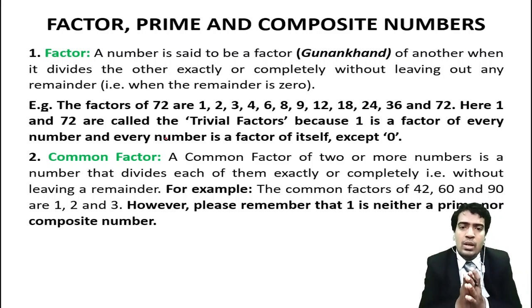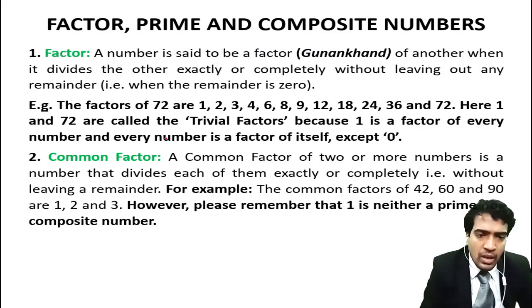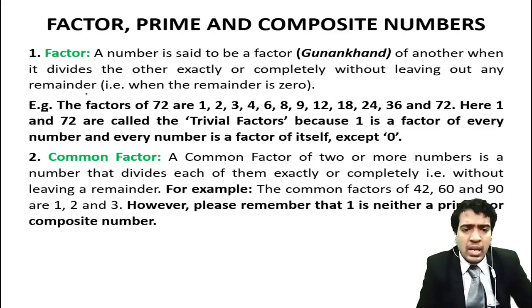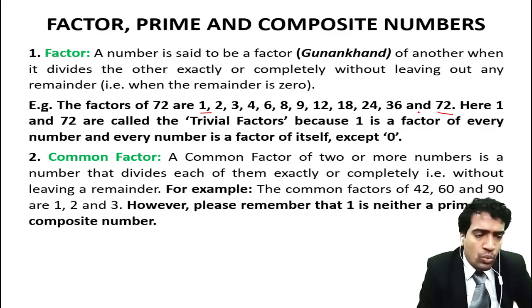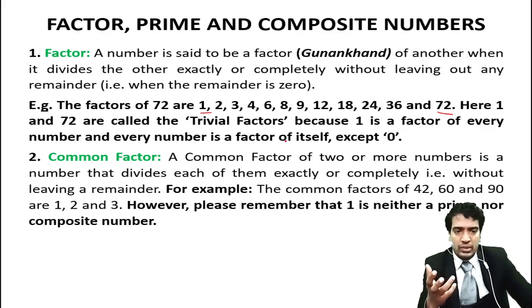We'll go forward, but let us continue with the example here. 72 has, say, 1, 2, 3, 4, 5, 6, 7, 8, 9, 10, 11, 12 factors. Here the factors 1 and 72 are called the trivial factors.